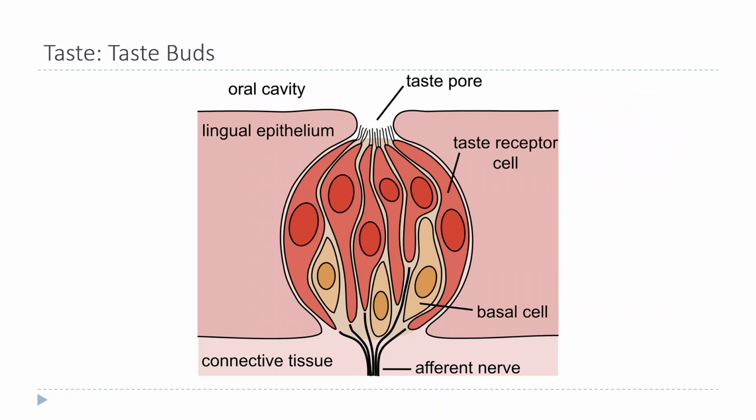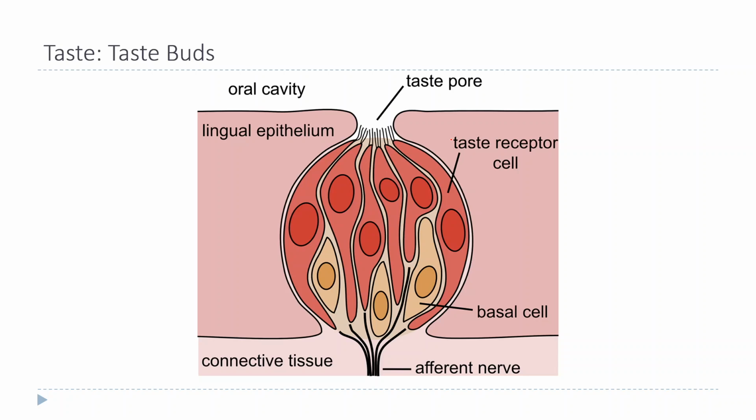If we look up close at one of these taste buds, this is what it looks like. Each one is surrounded by the lingual epithelium, which just means epithelial cells. Epithelial cells are the cells that line your mouth. Anytime you have a tissue that separates one part of the body from another, it's usually an epithelial layer.